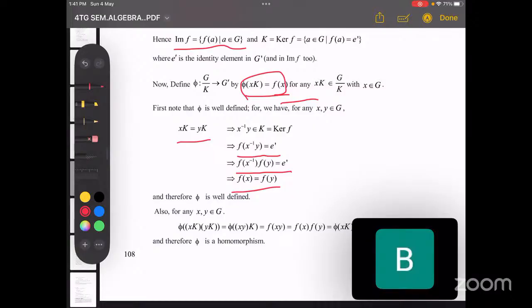So here pi of xk times yk equals pi of the product of xy times k. Whatever xk and yk we are taking are called the product of two right cosets. We have seen this theorem in cosets. The product of two right cosets equals pi of xy times k, so it equals f of xy, which equals f of x times f of y.